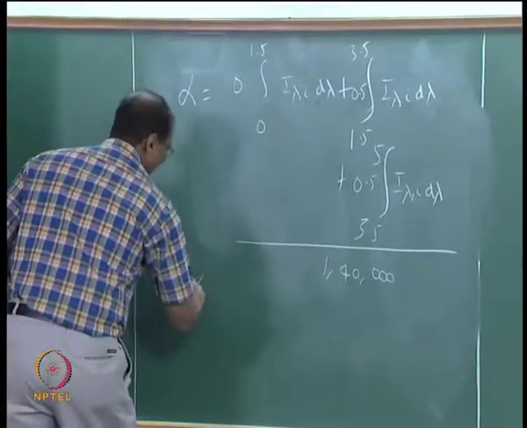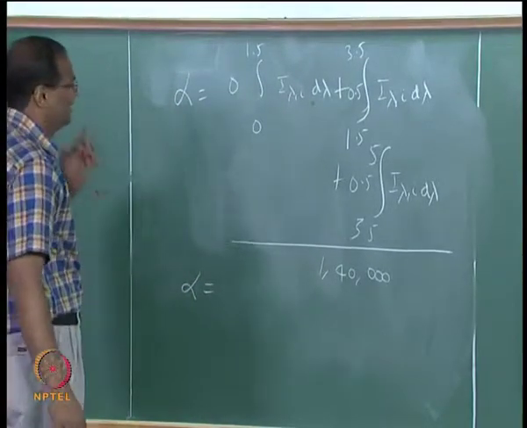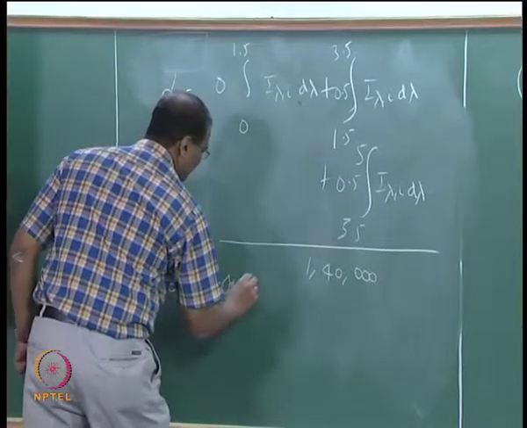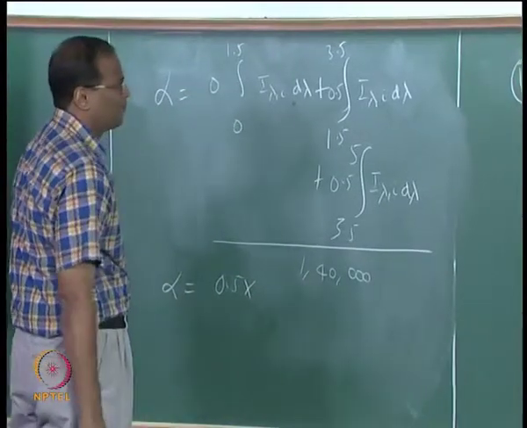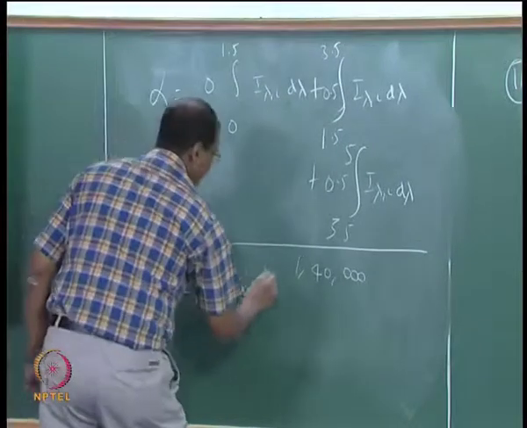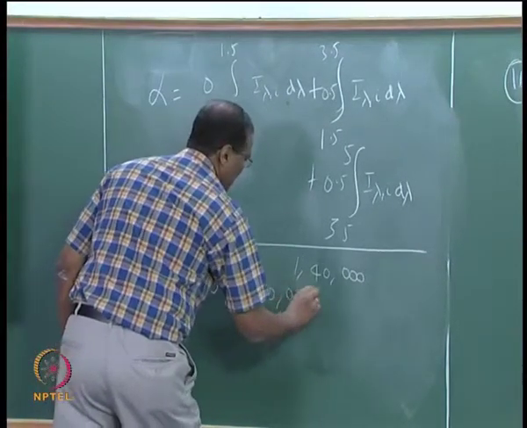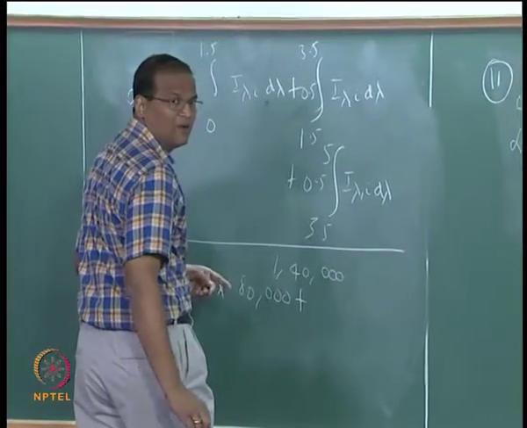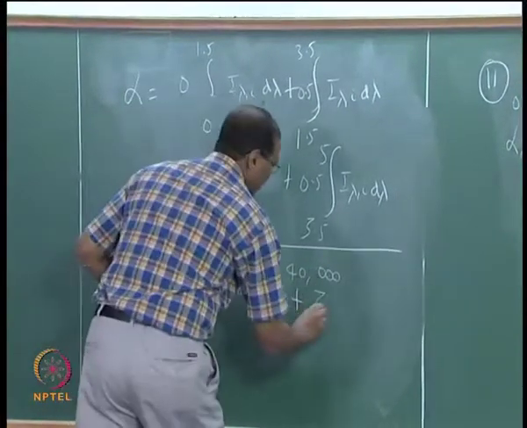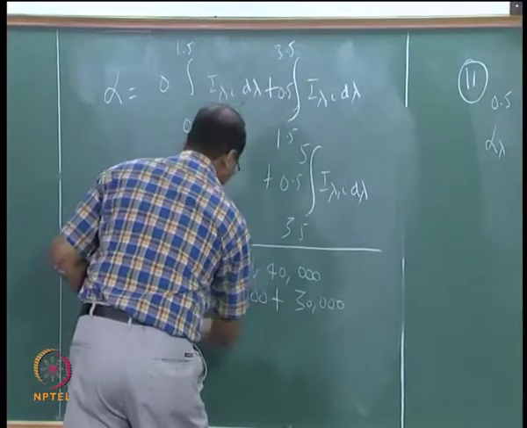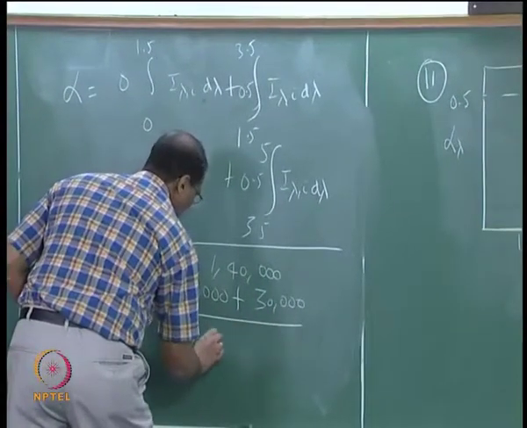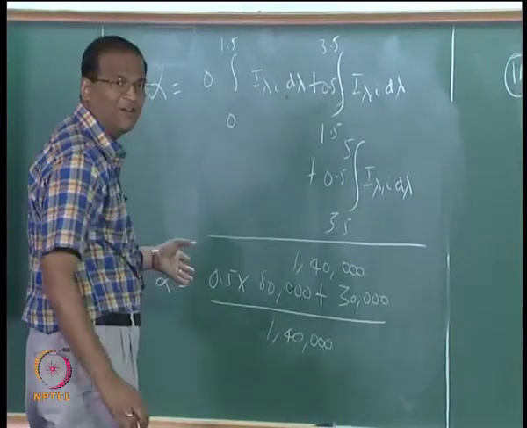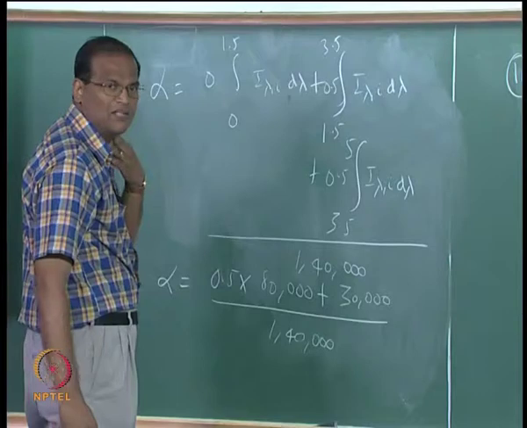We should not get that. Yeah, 0.5 into 80,000, good. Plus 0.5 into 30,000.